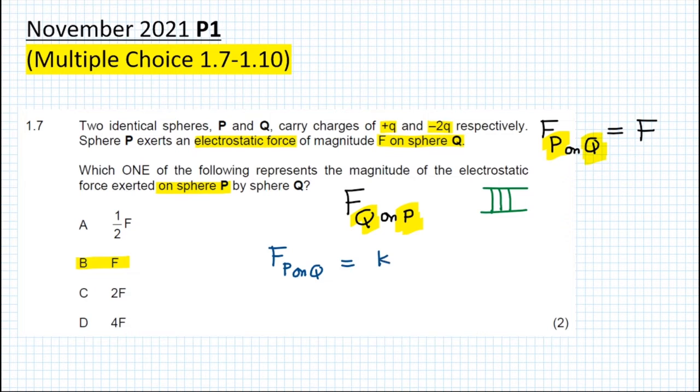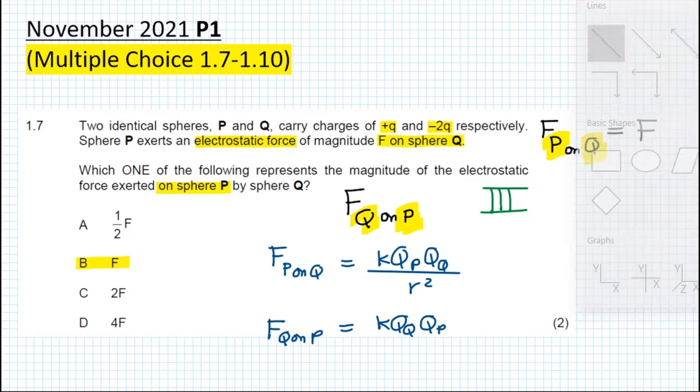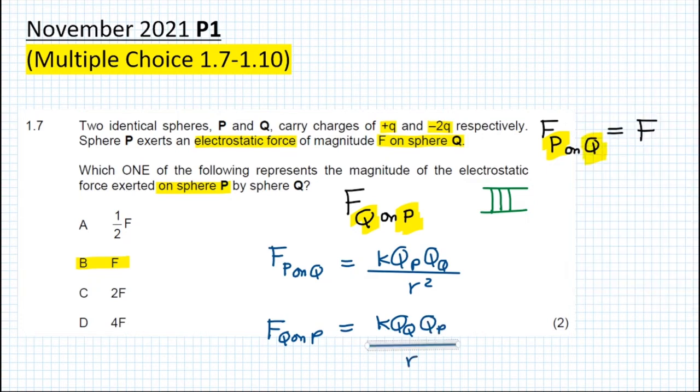To calculate the electrostatic force of P on Q, we say K multiplied by the charge on P multiplied by the charge on Q divided by the square of the distance between the charges. To calculate the force of Q on P, we're going to say K, Q of Q, Q of P, also divided by the square of the distance between the two spheres.